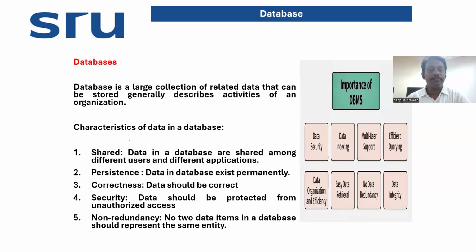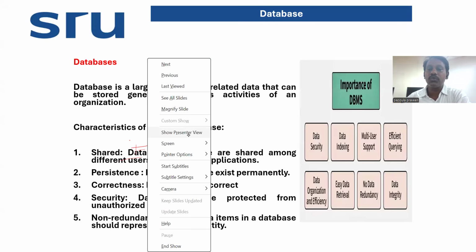Next one is non-redundancy. Okay, we already discussed redundancy in earlier classes. For example, you have some details, and your details reside in different files. One file contains the information about you.